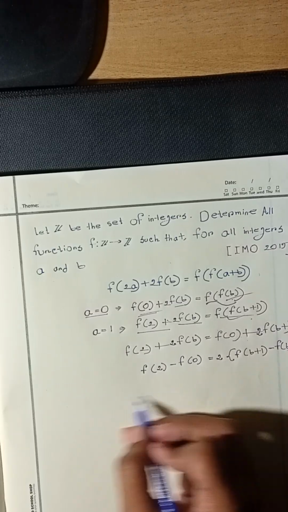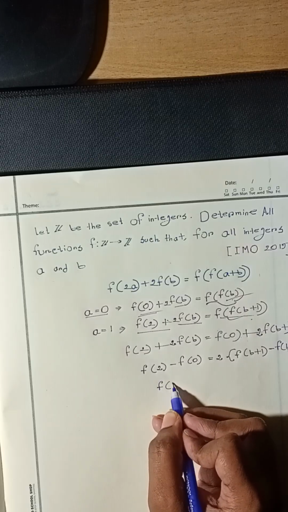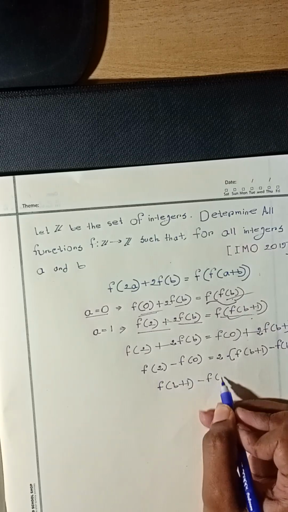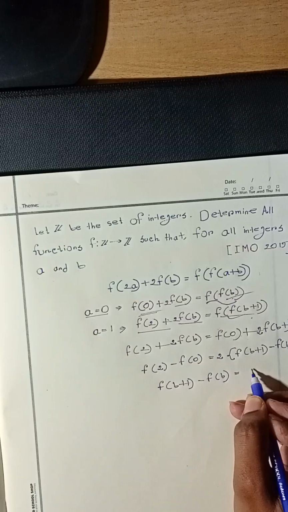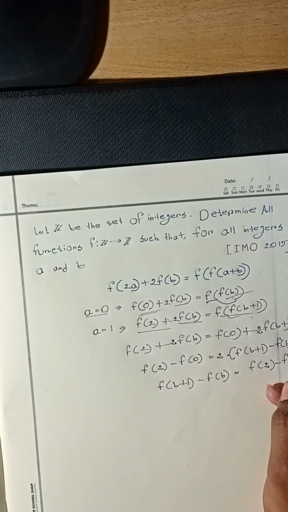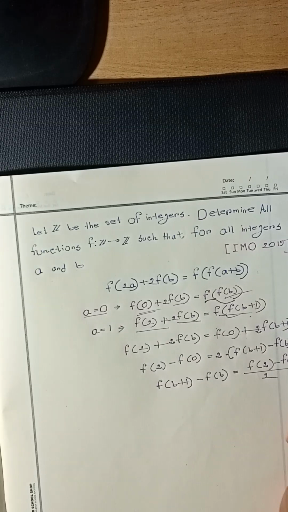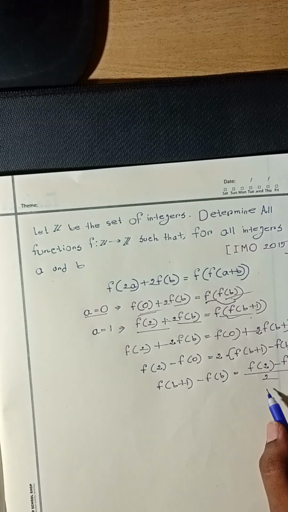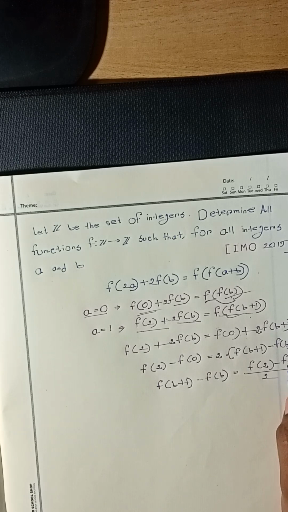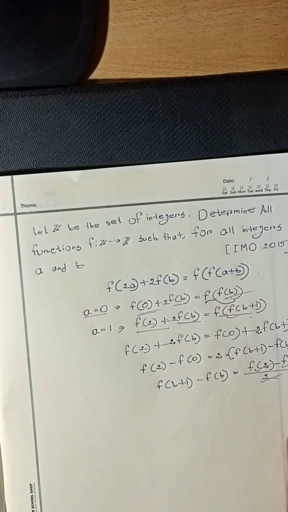Now we bring the 2 to our left hand side, and we get f(b + 1) minus f(b) is equal to f(2) minus f(0), divided by 2. Now guys, please notice that on our right hand side we have the difference of some constant values divided by another constant.